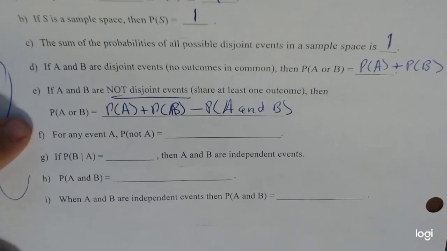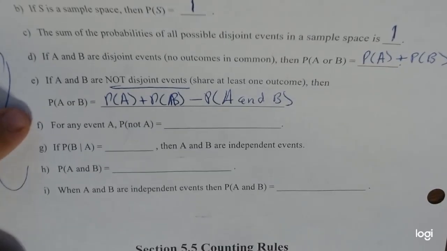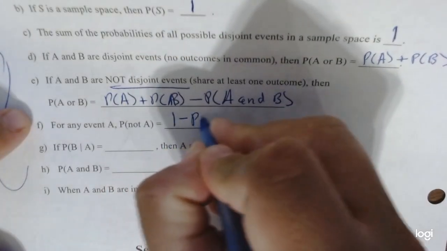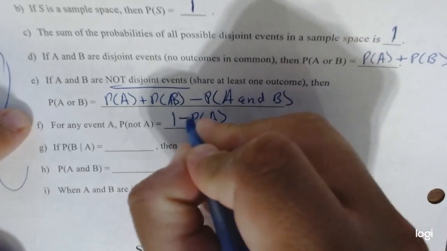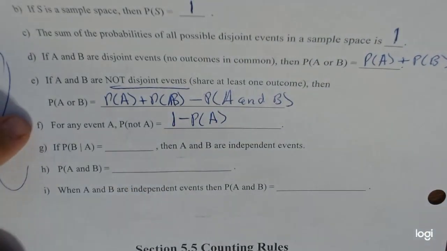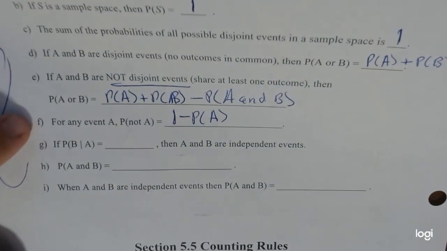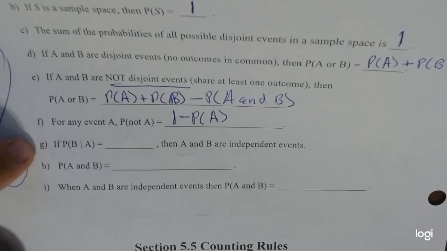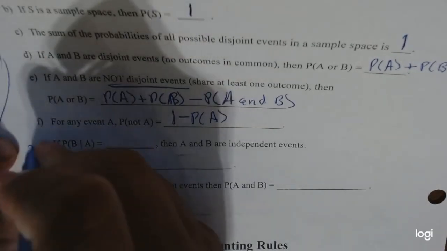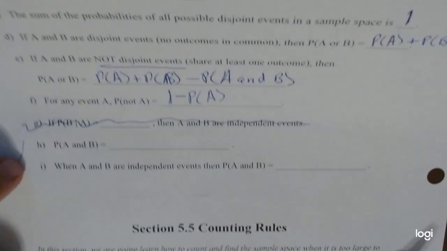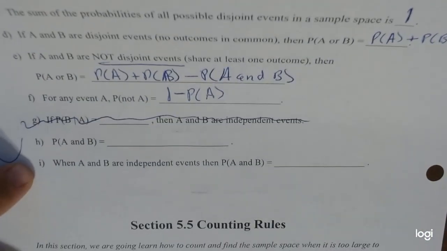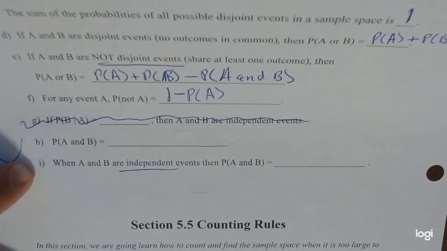Okay. And then for this one, for event A, the probability of not A is just the equation. Again, we'll talk about this far more in the next couple sections, but for now, I want you guys to just write this down. Okay. And then we're going to skip G. Don't worry about G. Let's go to I real quick. So I says when A and B are independent events, the probability of A and B is equal to what equation?